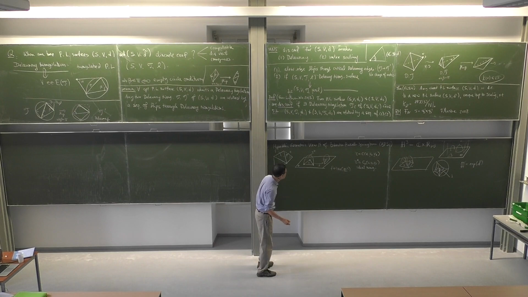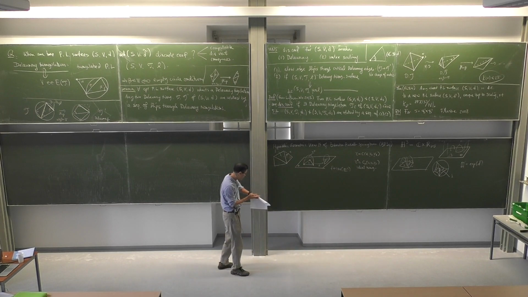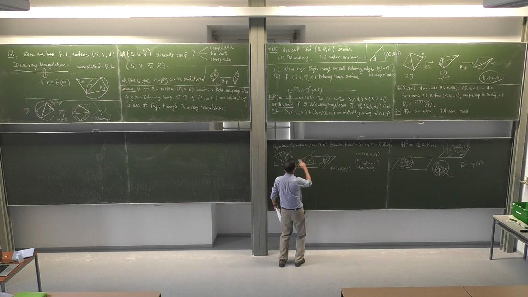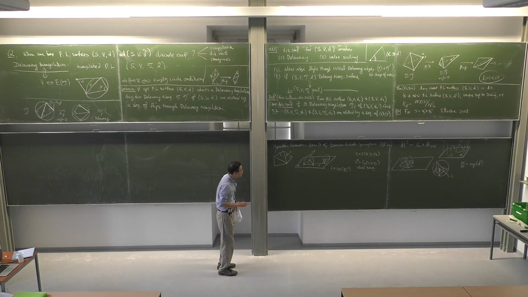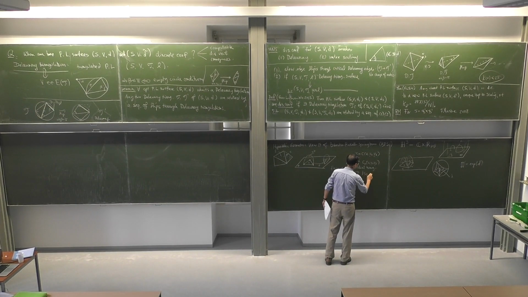And so what's the idea? I take these two Euclidean triangles, tau and delta, and glue them together along an edge, along this edge, by a Euclidean isometry. But every Euclidean isometry is a hyperbolic isometry.